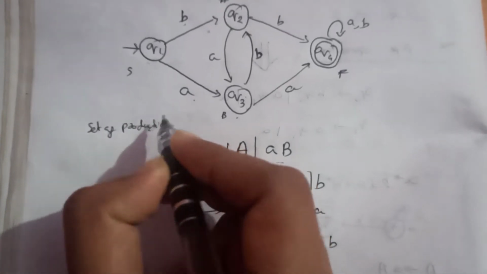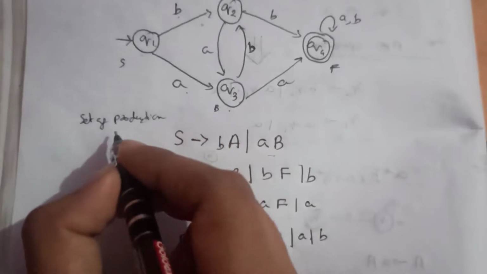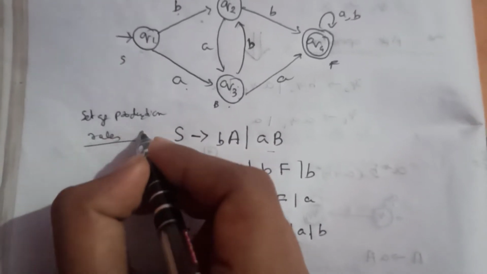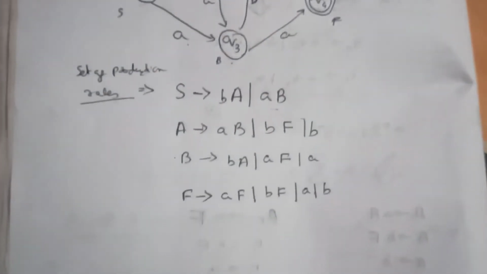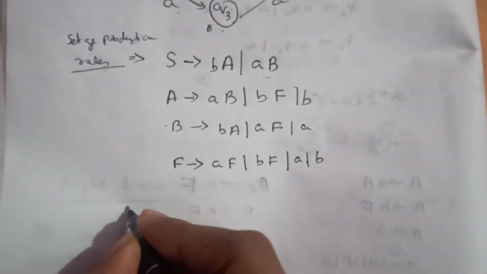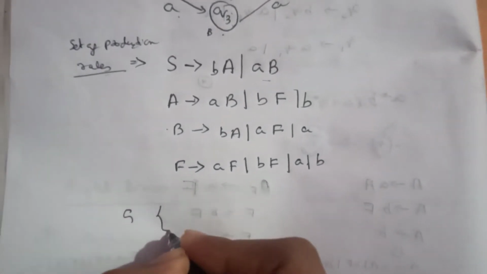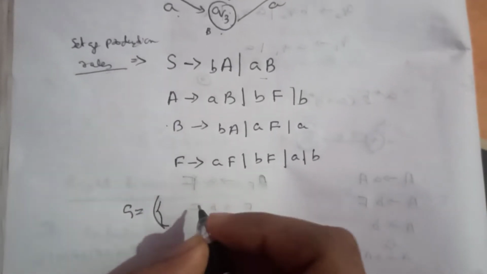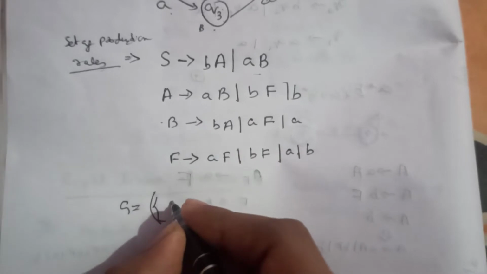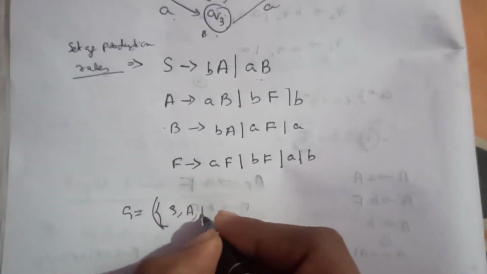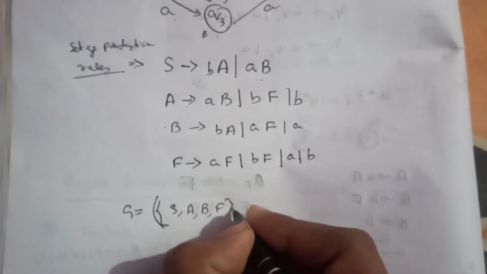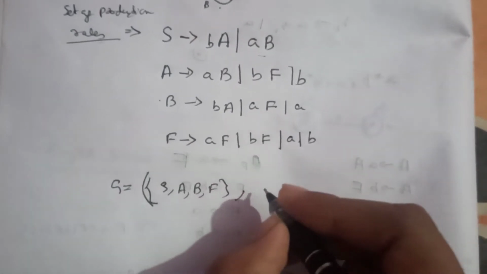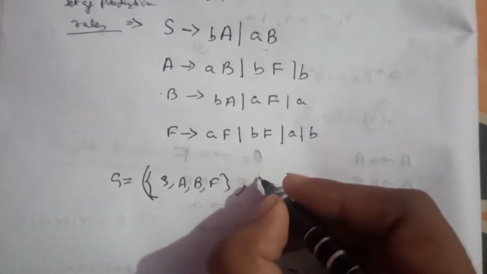If I am asked to write the regular grammar of a particular DFA, then I have to write the whole tuple. What were the things in the regular grammar tuple? First was the set of states. What are the states here? S, A, B, F. The next part was the set of terminals.